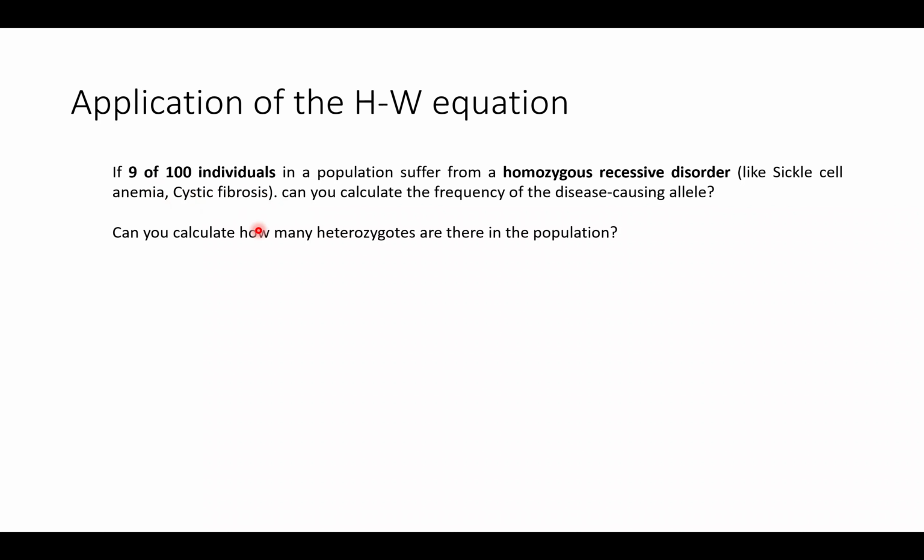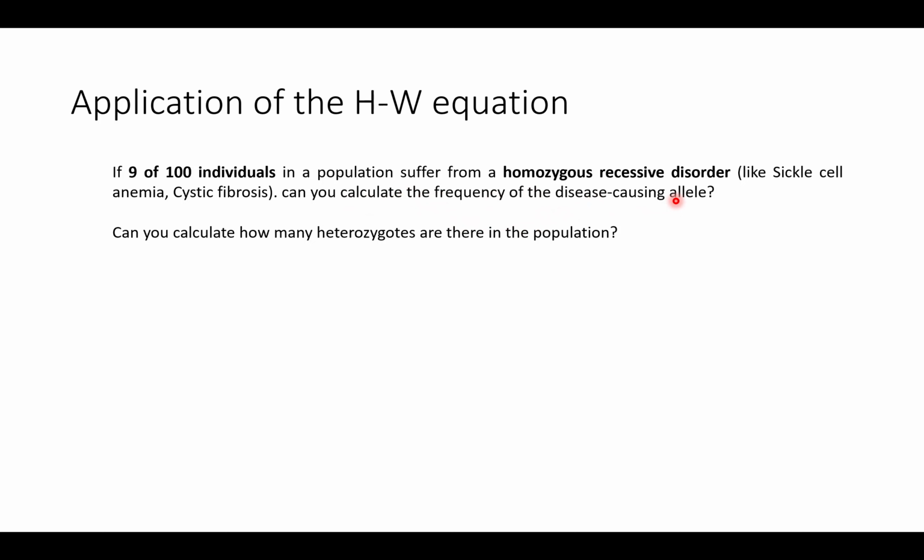Here for you, the question is, can you calculate the frequency of the disease causing allele? So here the disease is a homozygous recessive disorder. I hope you can already figure out what I am talking about. What is P or Q is given here. 9 out of 100 individuals, homozygous recessive disorder. The question is to calculate the frequency of the disease causing allele.